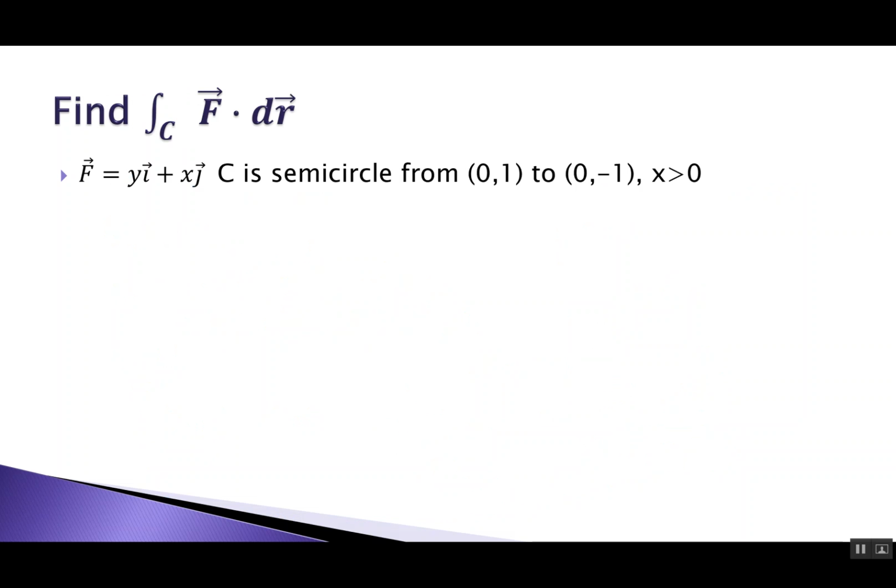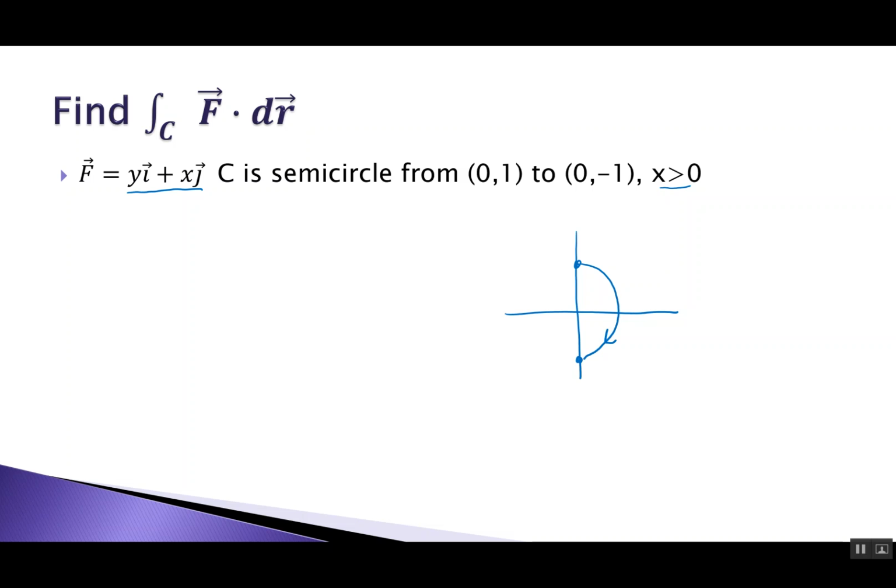Okay? Let's do another example. Here I have f equals yi plus xj. C is the semicircle from 0, 1 to 0, minus 1, and x is greater than 0. So let's see, 0, 1 is here, 0, minus 1 is here, and we're using x greater than 0, so I'm going that way on my curve.